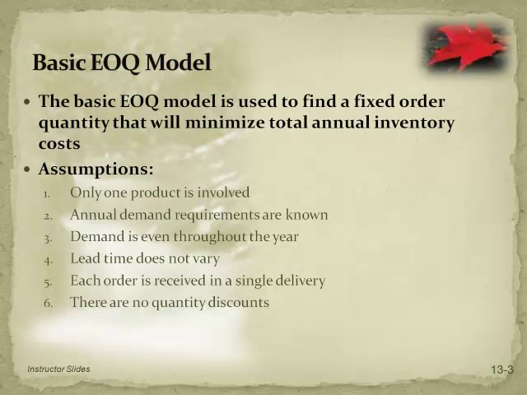So the basic economic order quantity model is attempting to identify some quantity to order that will minimize our total annual inventory cost. And the two principal costs that we are minimizing is the inventory carrying cost and the inventory ordering cost.